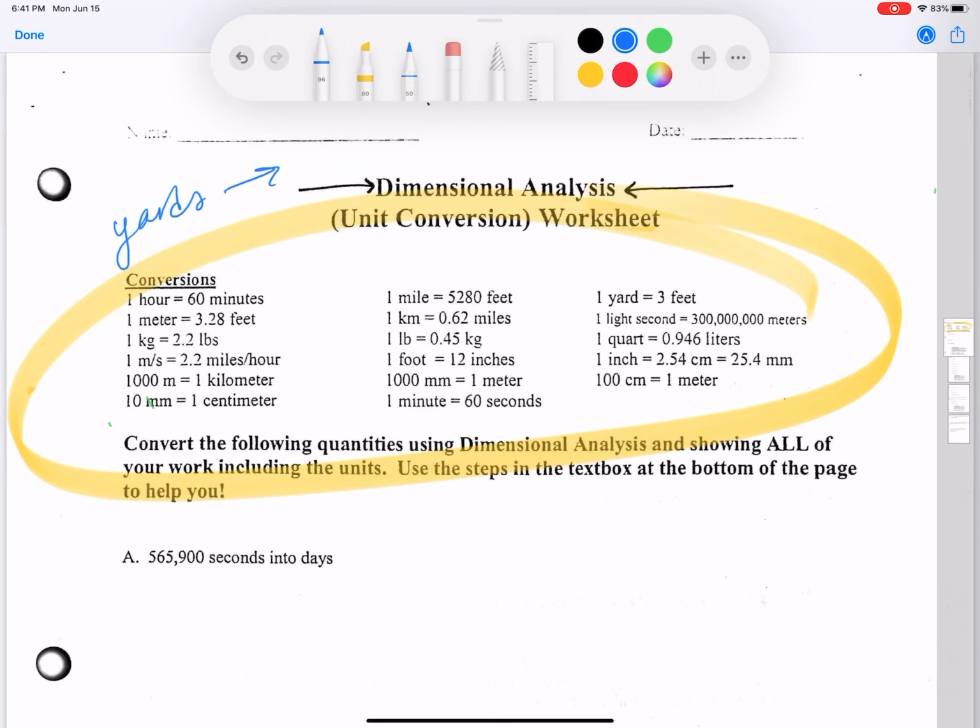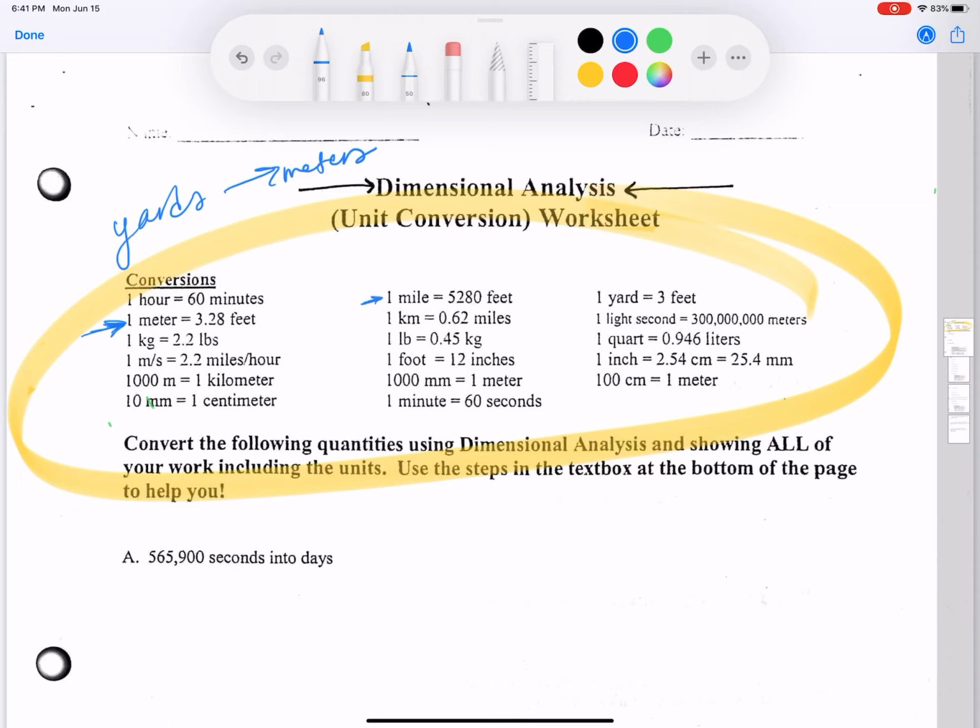We're trying to go from yards to meters for this question. So going through each one of them here, I have 1 meter equals 3.28 feet. I want to end up with meters, so maybe that's an option. If I look at this one right here, I have that 1 mile equals that many feet.